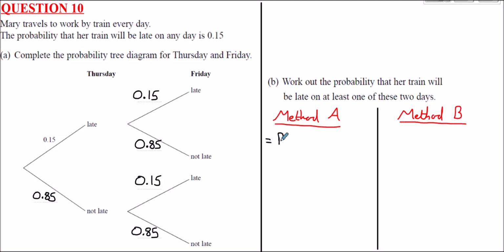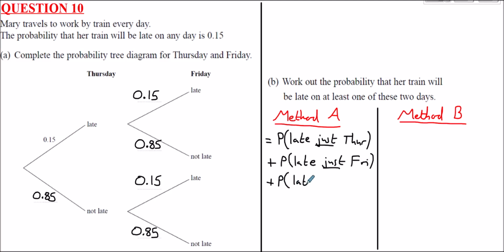That's the same as the probability that it's late just on Thursday, or it could be late just on the Friday, or the third way it could be late at least one of those 2 days is a probability it's late Thursday and Friday.